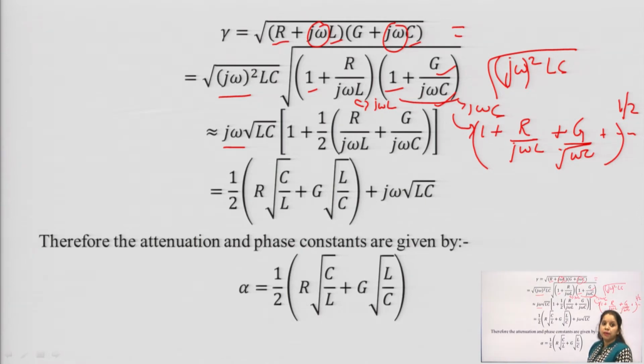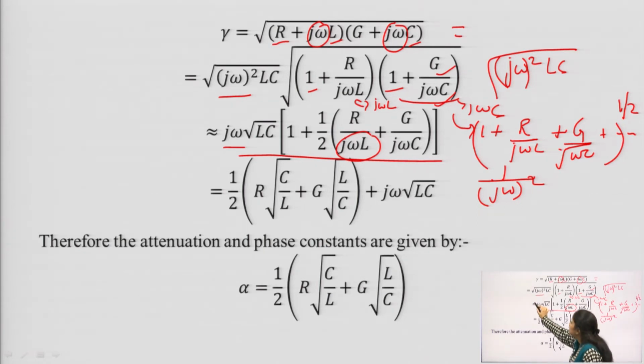So, the next step is the binomial expansion of that, and we just take the initial terms, because the higher order terms have the frequency power increasing, and when the frequency is on the higher side and in the denominator, it does not contribute further and gets cancelled out. It has a very minimal value. That is why the approximate sign is also used at the start.